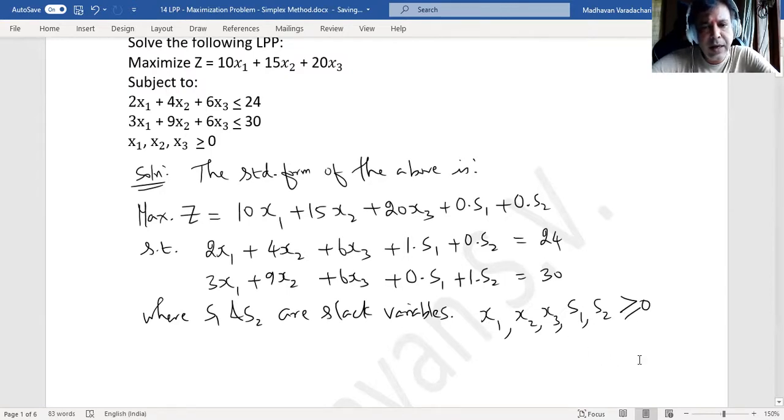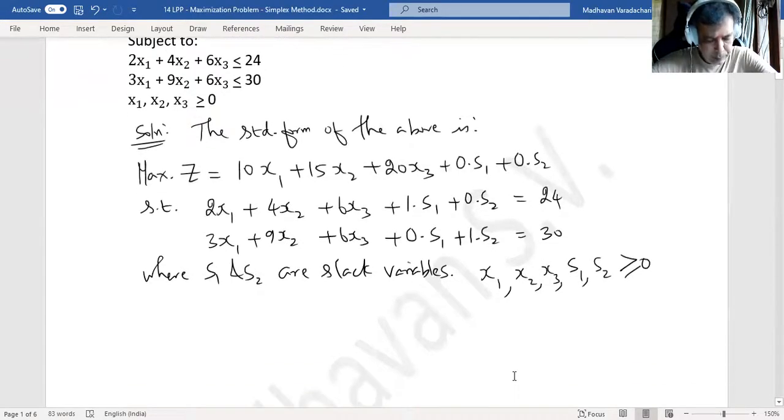So I can write this together as non-negative. Now, once we have brought this linear programming problem into standard form, I can take this into a table.